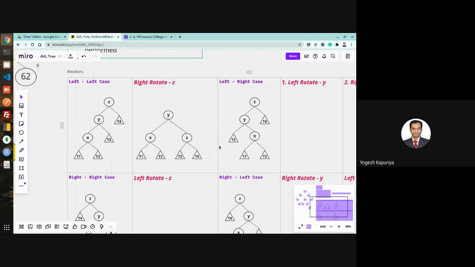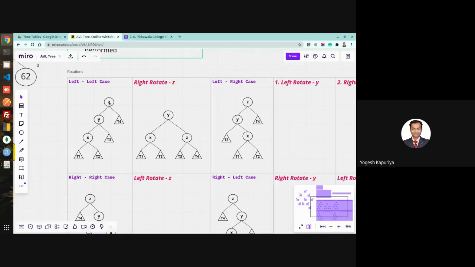So remember what we have done, we have actually rotated z along with T4. The right of y, this is T3, will become the left of z. So T3 comes to the left of z and y will become the parent of z.